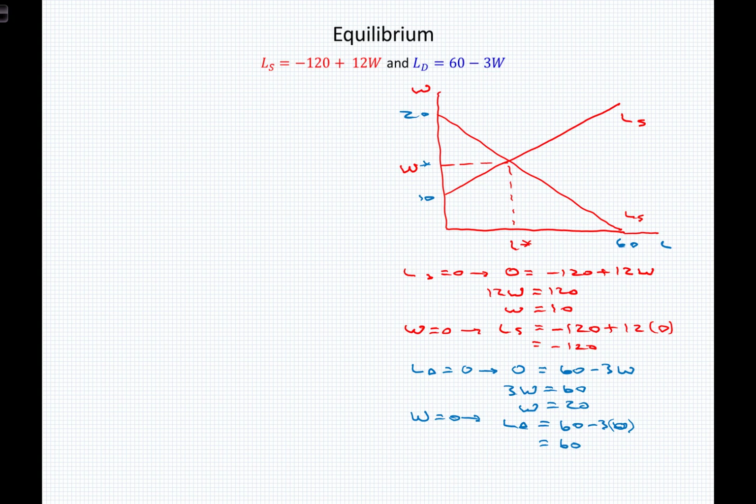Well, let's think about this. We know that equilibrium or market clearing levels are simply the point at which labor supply and labor demand are equal at a given wage. Well, if that's the case, then labor supply and labor demand are the same value here at that wage.